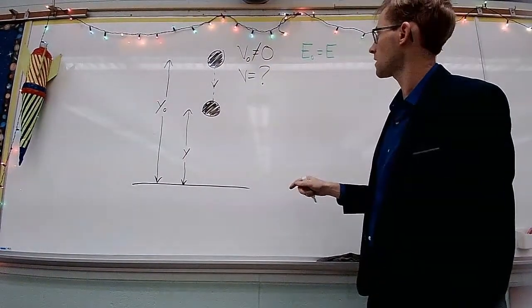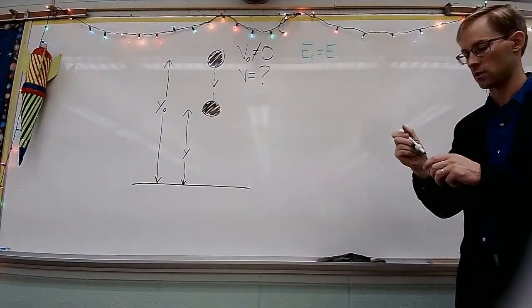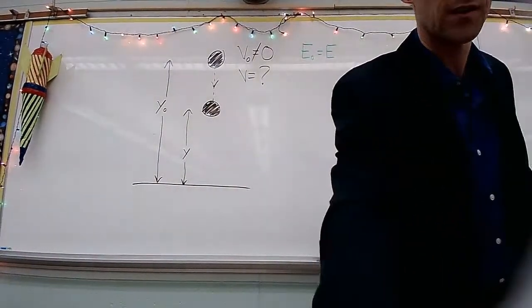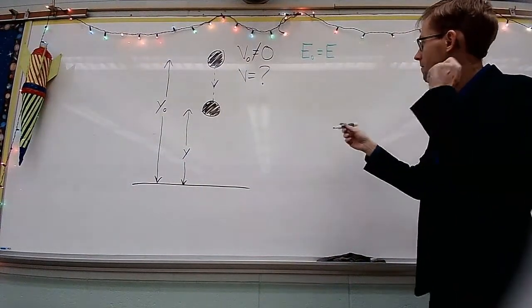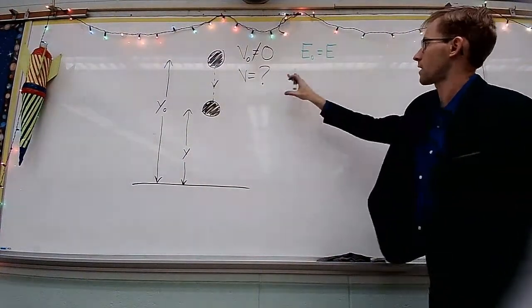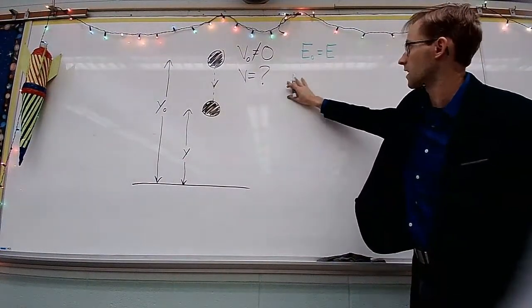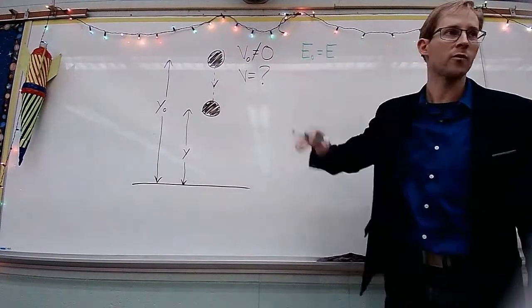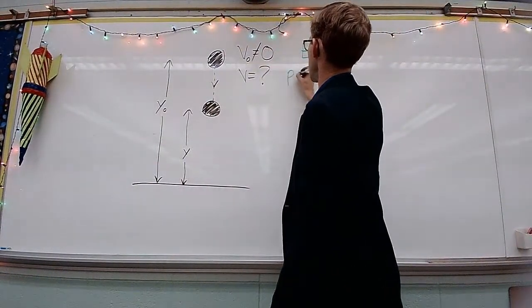If that's the case and we want to find that final velocity at any height, we approach this problem in the exact same way that we did the last one. The only difference is now we actually have all those energies on both sides. We can't get rid of any kinetic energy at the beginning because we did not release it from rest. So we've got all sorts of energy all over the place now.